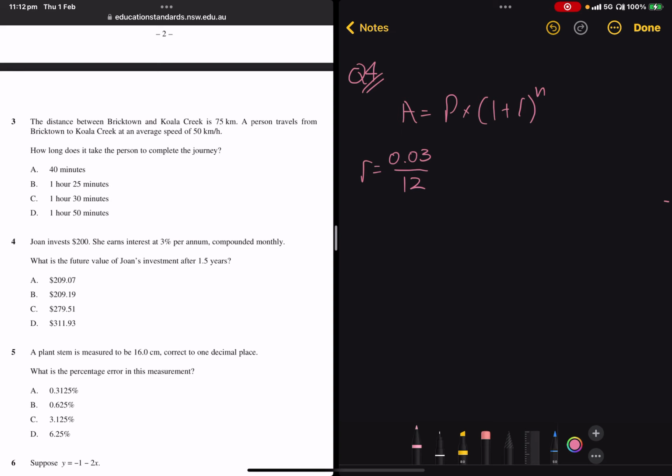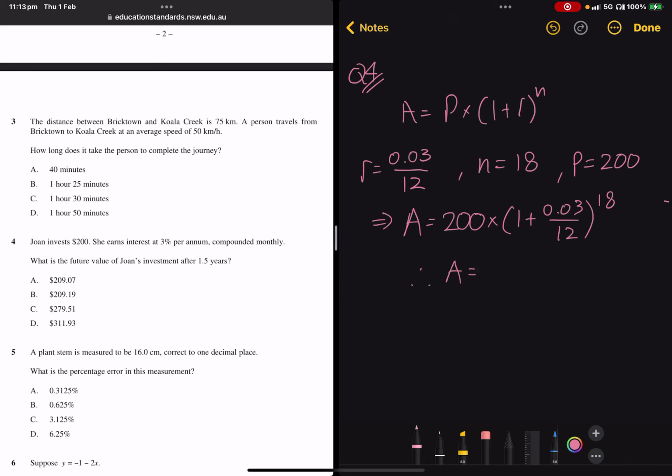And the number of periods in this case is 1.5 years, but it's monthly, so we've got to multiply that by 12. 1.5 times 12, that is 18. And of course the principal is the 200. So we get A is 200 times (1 plus 0.03 divided by 12) to the power of 18.